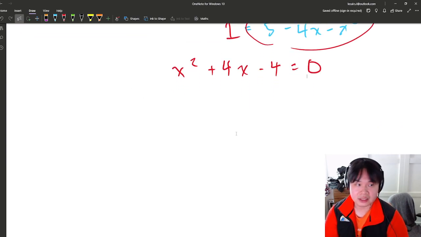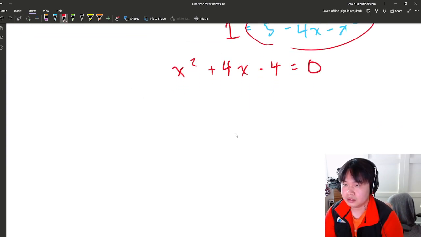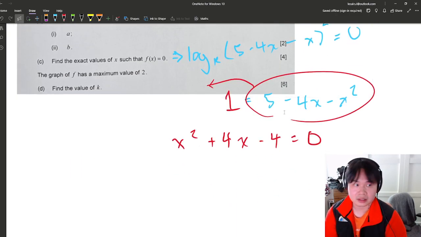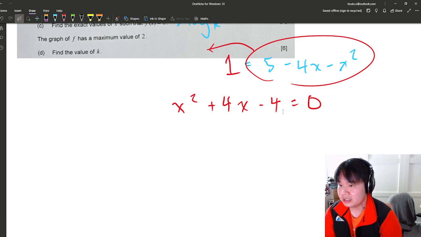Okay, and then we try to solve this. I think if I did this all correctly, this is not factorable, which means we need to put this into the quadratic formula.